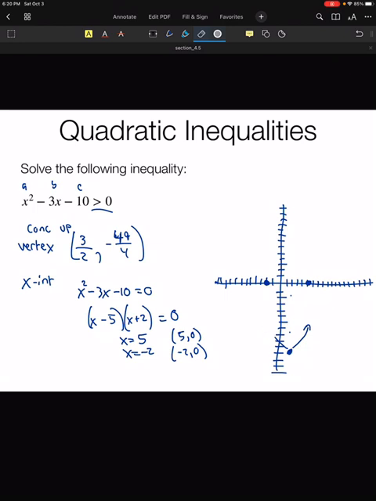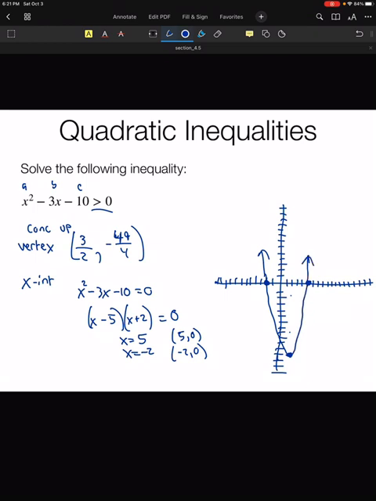So if we draw at least the approximate shape here, to redo my lines, we think it's somewhere around here, and it's going to go up like that. Oh, not like that.